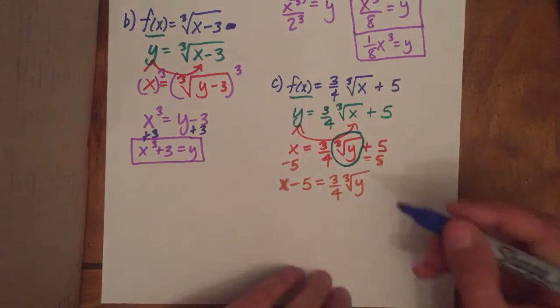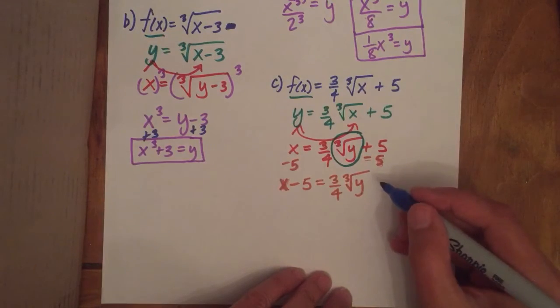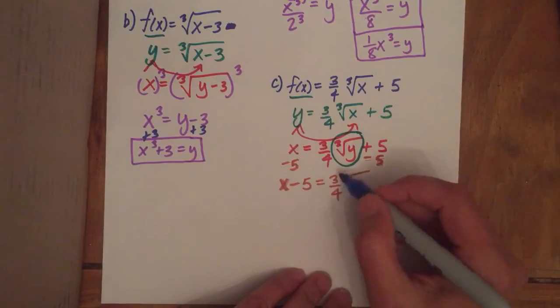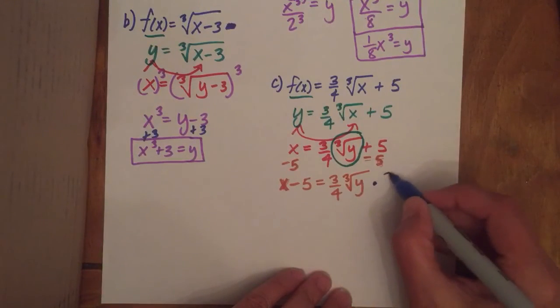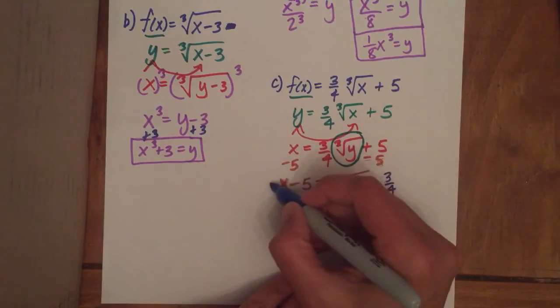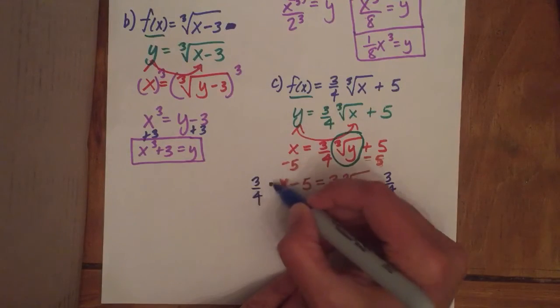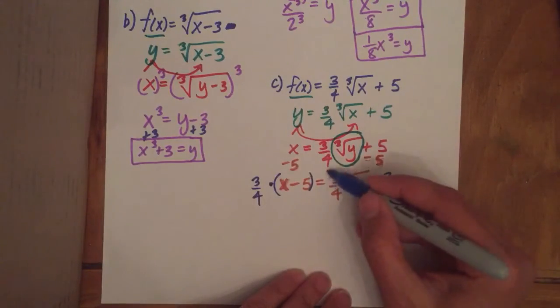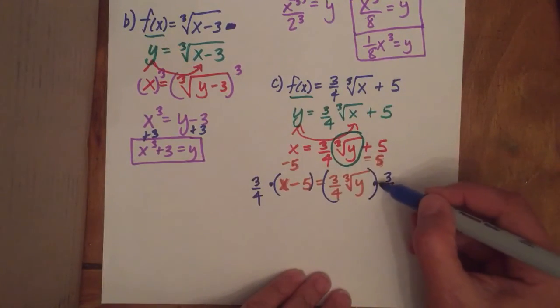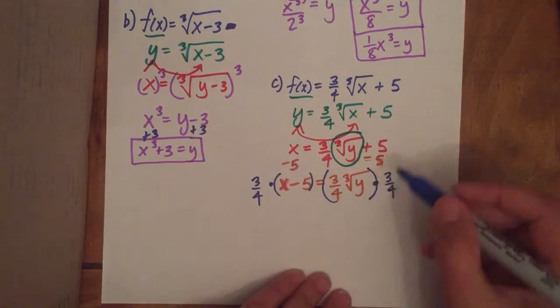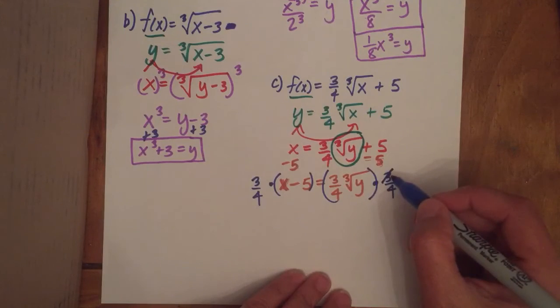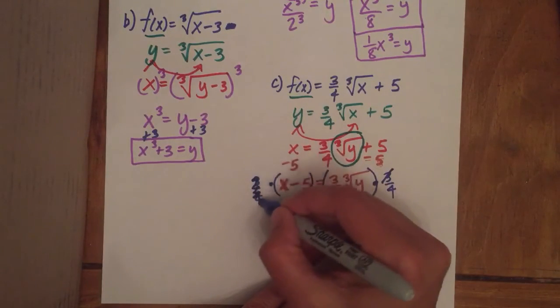Well, if you remember algebraic rules, if I want to get rid of the 3/4, I multiply both sides of the equation by 4/3. And I'm going to put parentheses around each side so you know that each side is multiplied by 4/3.